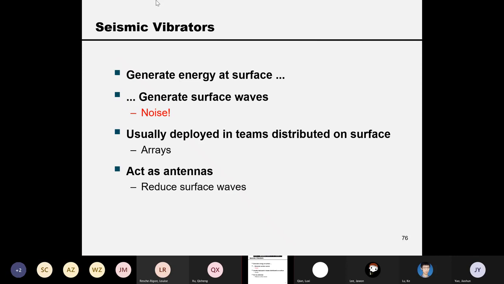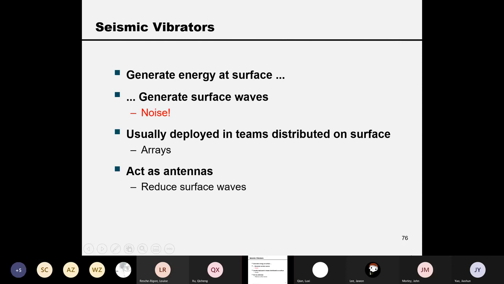But based on the superposition and linearity we discussed last week, since it is time invariant and linear, you can acquire data many times and simply stack them to get an enhanced signal. So that's the positive thing. The negative thing is that because the source is on the surface, it is very easy to generate noise.